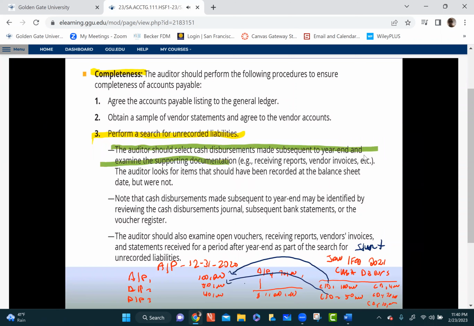And so on, I go through and find these first 5, no problem. And then I pull this one, and I would probably use some sampling here, but I pull this cash disbursement number 5 for 10 million, and I try to find it in the account payable journal at 12/31/20. Is it there? It's not there.